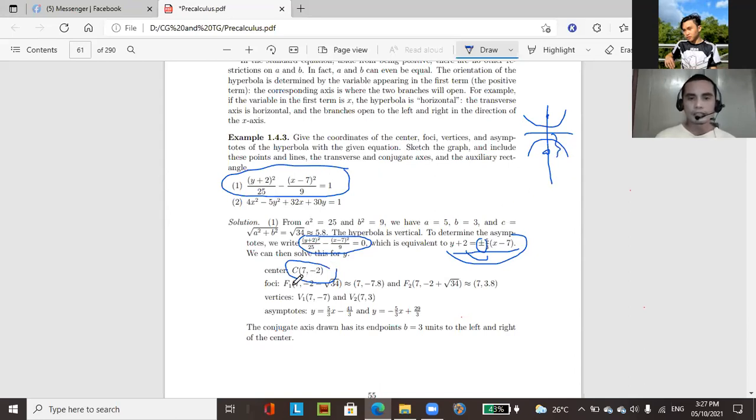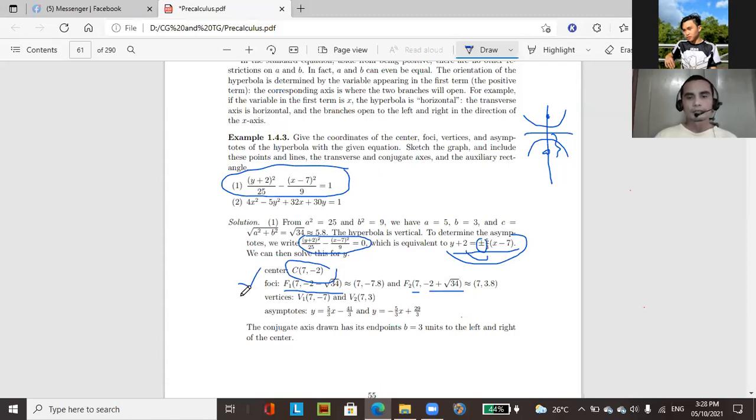So F1 has 7 as the x coordinate, and the y coordinate is negative 2 minus square root of 34. So that is our F1. Now our F2 has the same x coordinate, but this time the y is negative 2 plus square root of 34 because it is above. So that is for our foci.